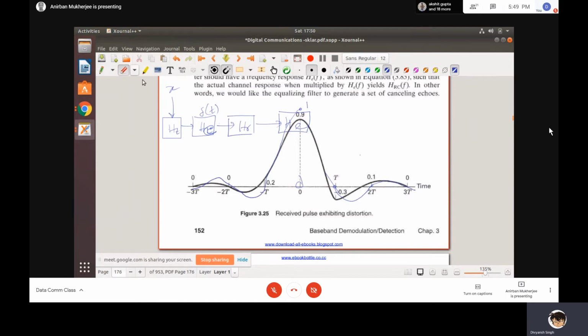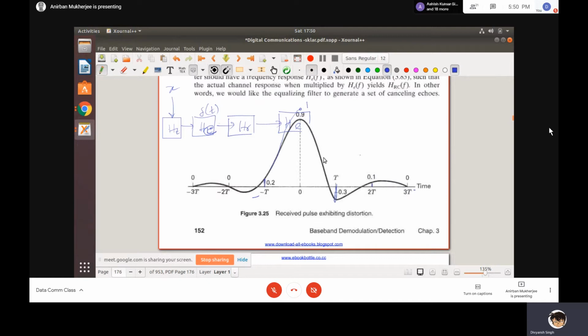But you see that due to this channel degradation, at the symbol time, instead of 0 value, there is some amount, minus 0.3, plus 0.2, plus 0.1, something like this. That you don't want.